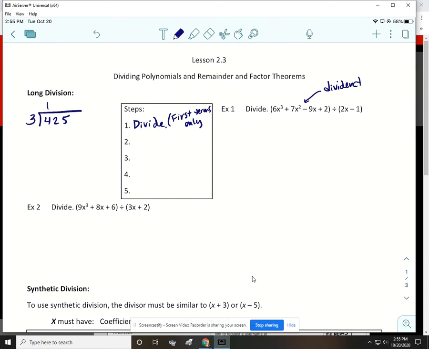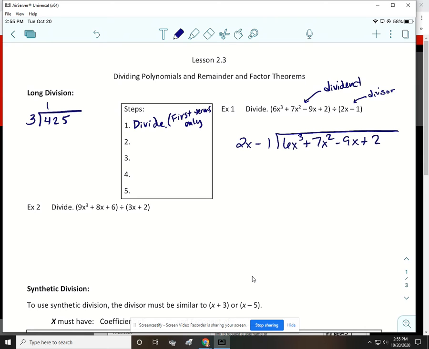And what you're dividing by is called the divisor. So the dividend goes underneath the division box thing. I don't know what that's called, if it even has a name. What you're dividing by is going to go outside.